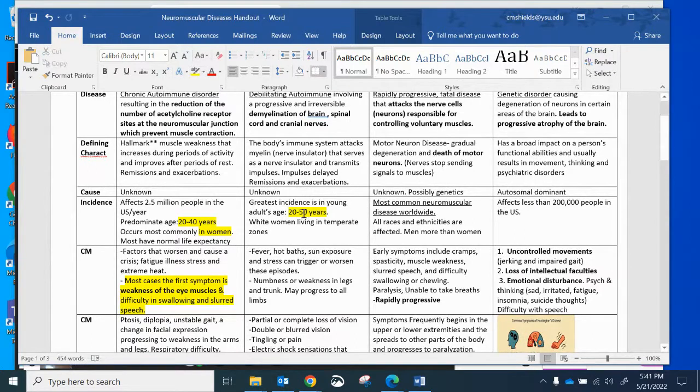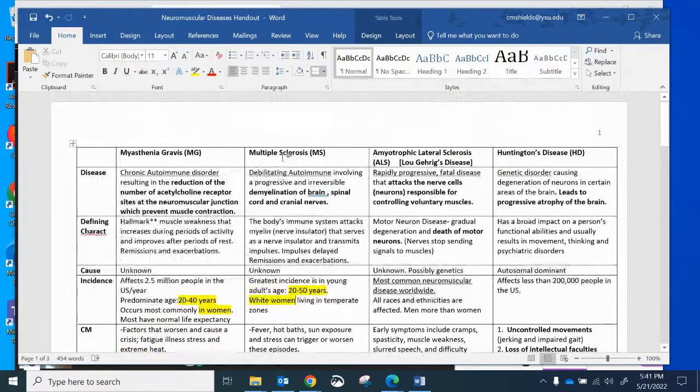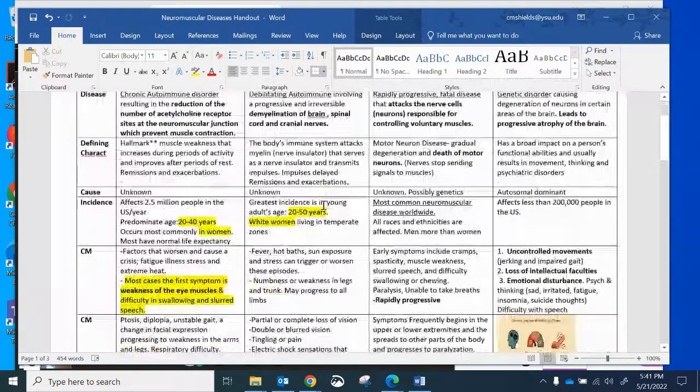Again, it's young to middle-aged white women. This is much more common in white women. If you know anybody with multiple sclerosis, you may see that to be true. Living in temperate zones in certain parts of the country.